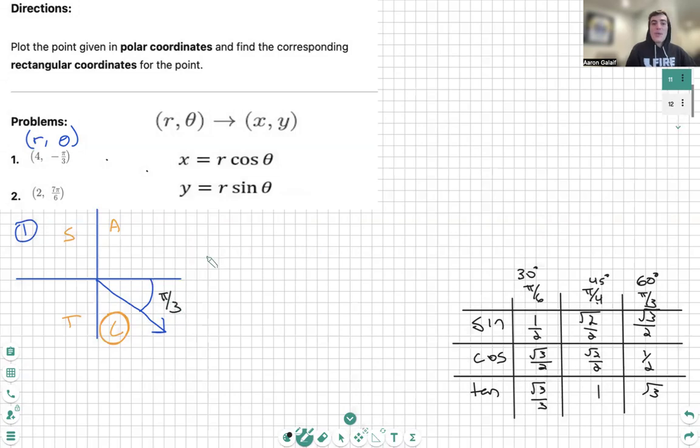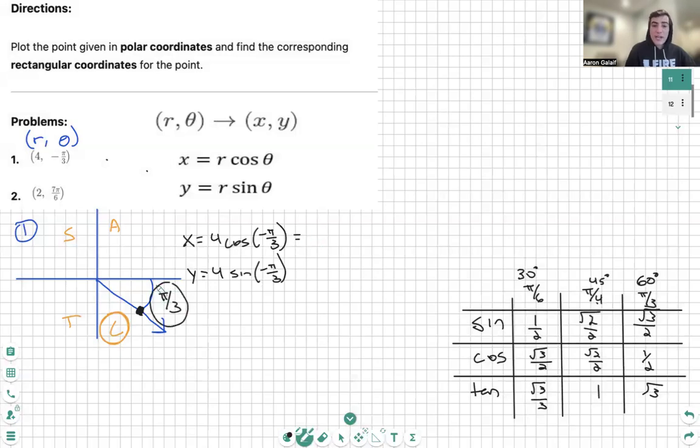And now all we need to do, because we have this graph, let's say it's right there, all we need to do is get our x, y. x is equal to 4 cosine of negative pi over 3. And y is equal to 4 sine of negative pi over 3. Very straightforward. Okay, well, what is the cosine of negative pi over 3?